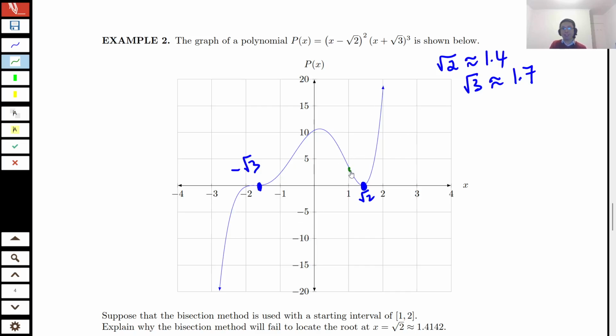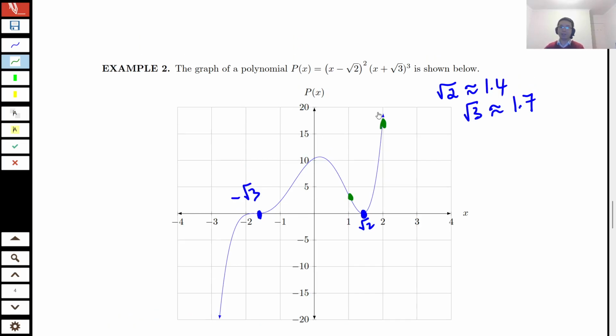But imagine a situation where I carried out the bisection method between x equals 1 and x equals 2. I need to ask the question now, is this going to give me good results?